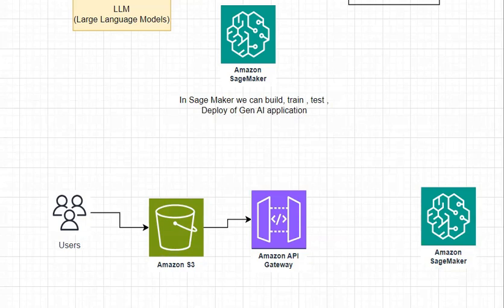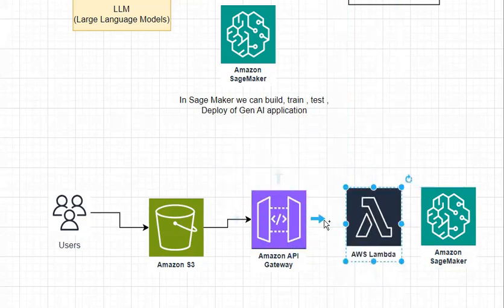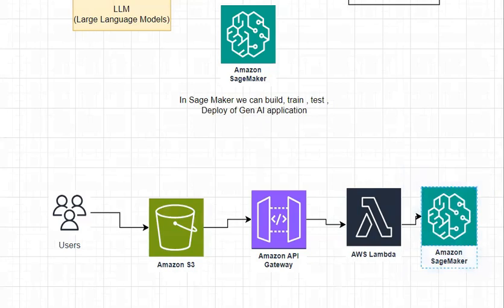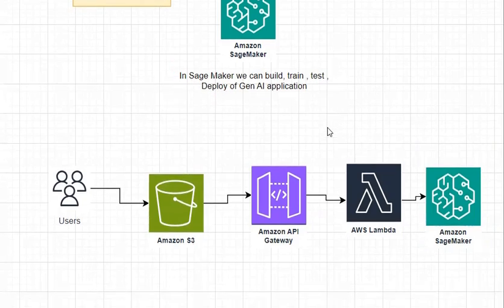By using the Lambda function, it will get the exact content, that is, the exact question that the user asked on your website. So this is the end-to-end project that we are deploying now.